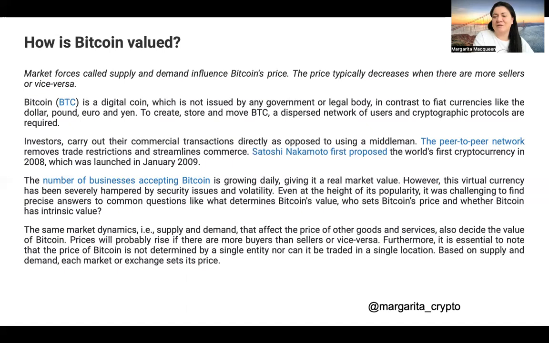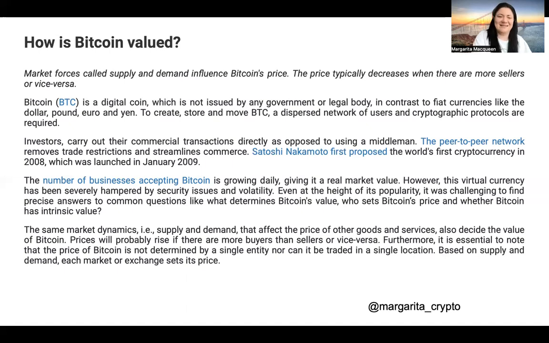Satoshi Nakamoto first proposed the world's first cryptocurrency in 2008, which was launched in January 2009. So cryptocurrency has been out there for many, many years, as we kind of know. Yes, thank you, Satoshi Nakamoto, for making us millions.